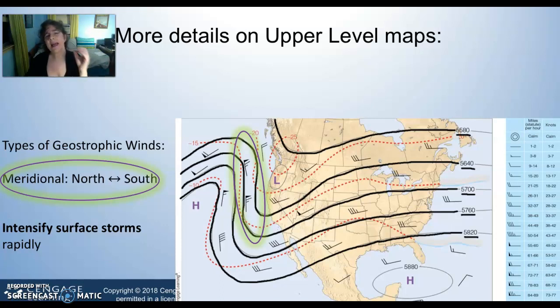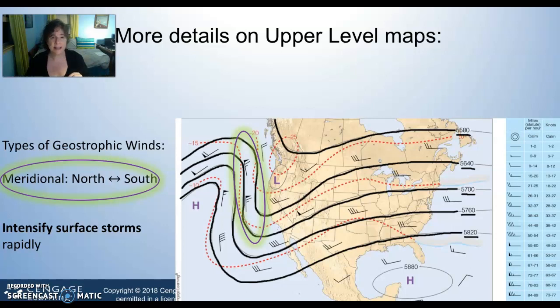And in giving that detour, it slows the winds down by taking that extra measure, and it puts in place a pattern that can intensify surface storms rapidly, because the surface storms slow down and start to really mull and develop. We will be looking into cyclonic storms and the impact of these meridional winds on cyclonic storms.